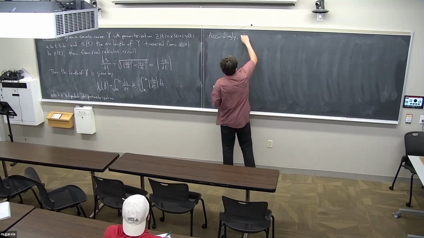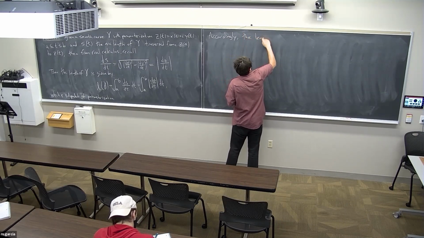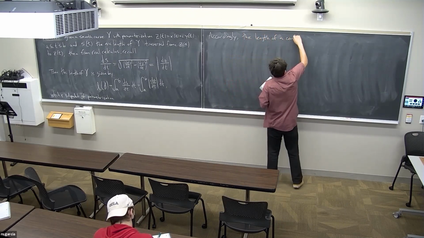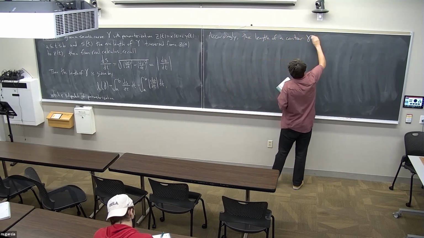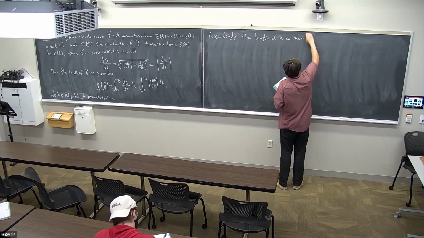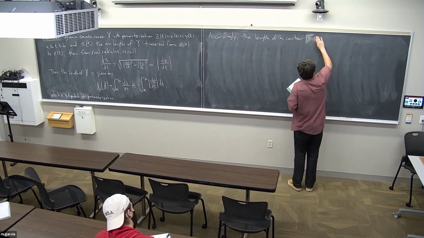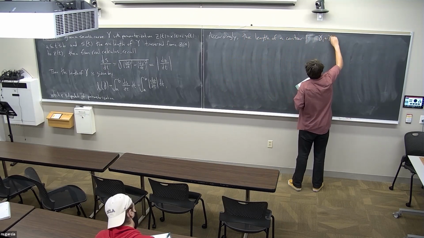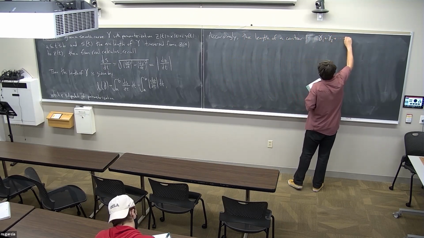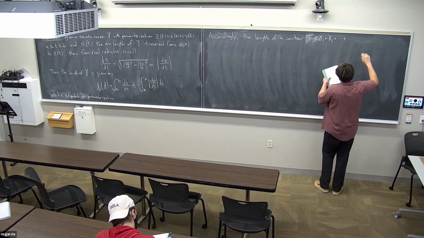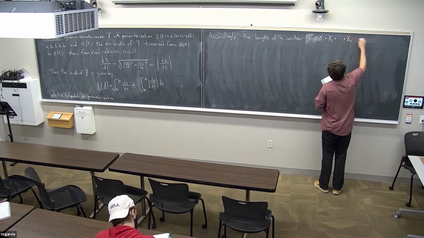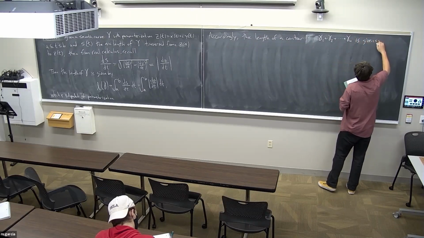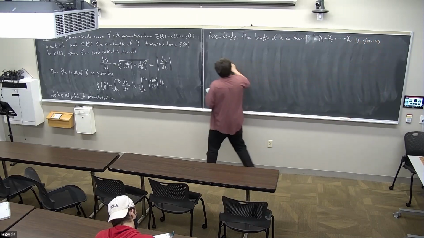The length of a contour, capital gamma, I guess I should write specifically, this is gamma 1, gamma 2, up through gamma n, is given as just the sum of the length of the components.